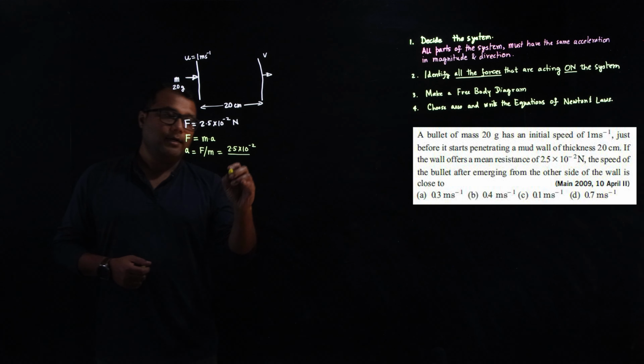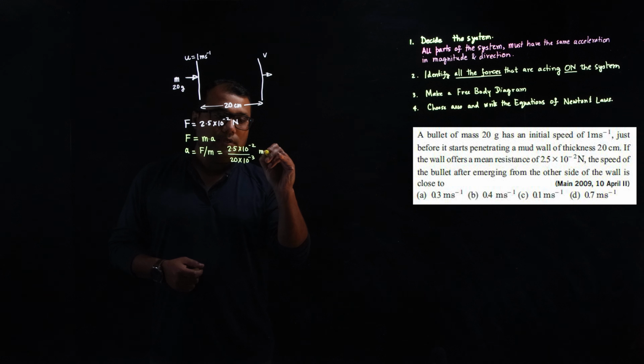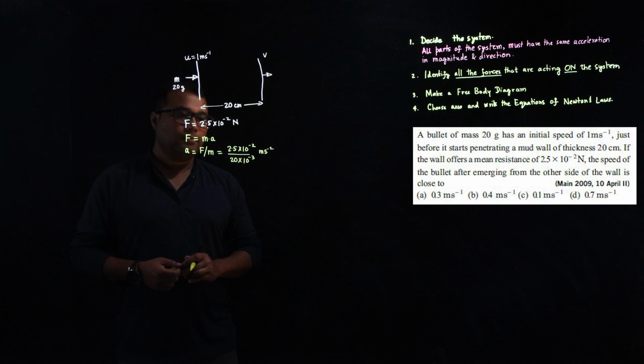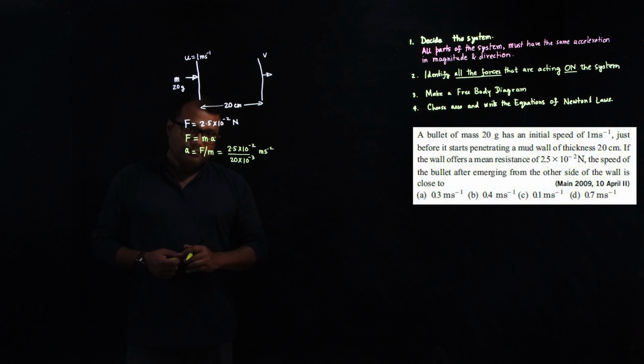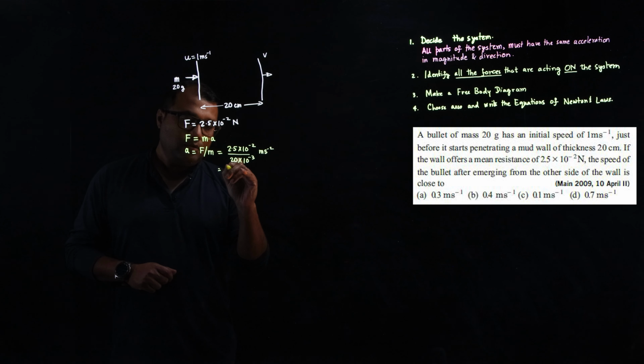Mass is 20 grams, so I will have to convert into kilograms, 10 to the power minus 3. So that many meter per second square. Okay, so this becomes 25 by 20, 5 by 4 meter per second square.